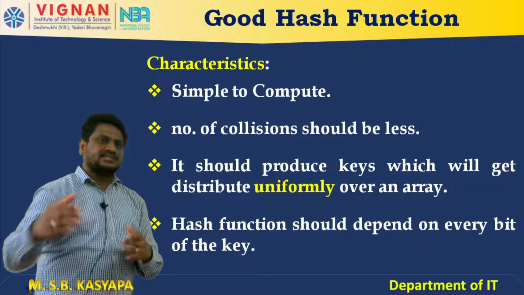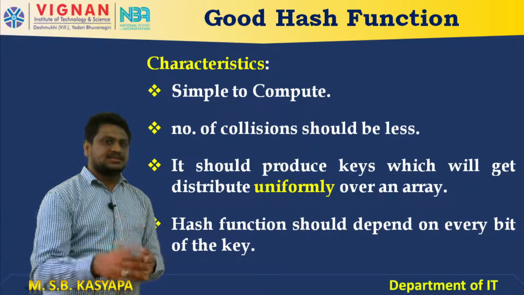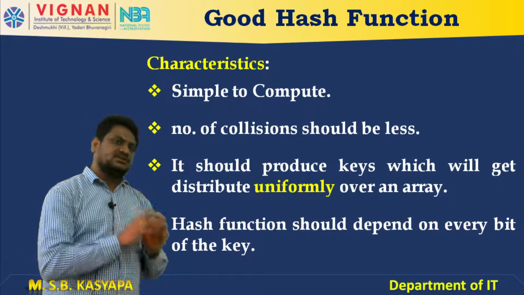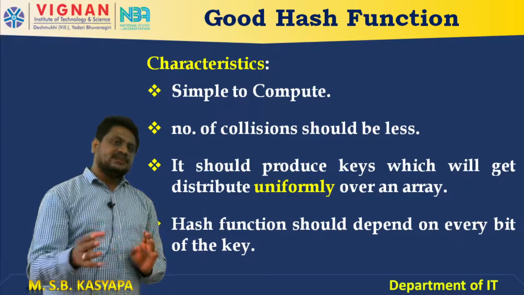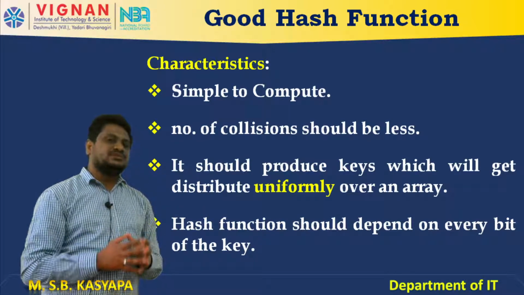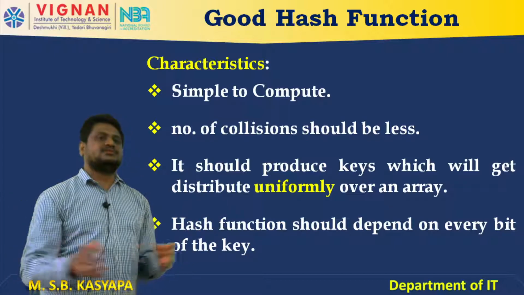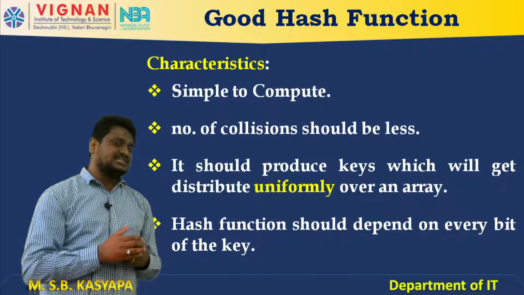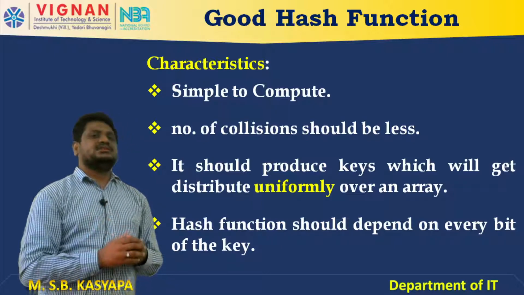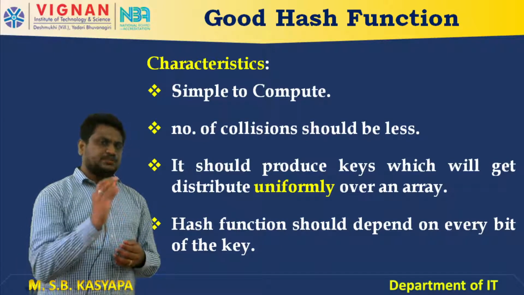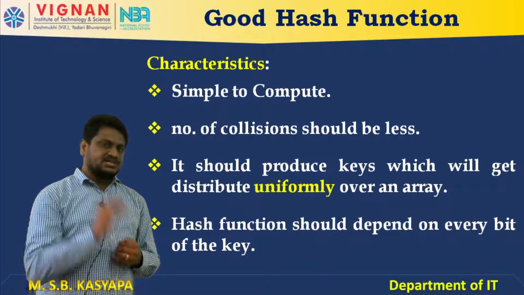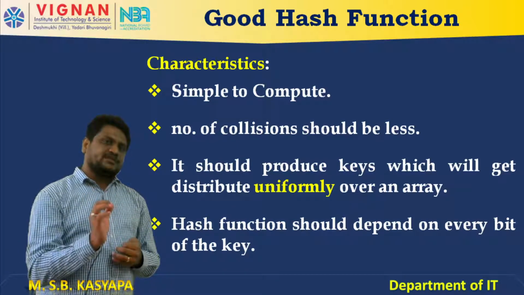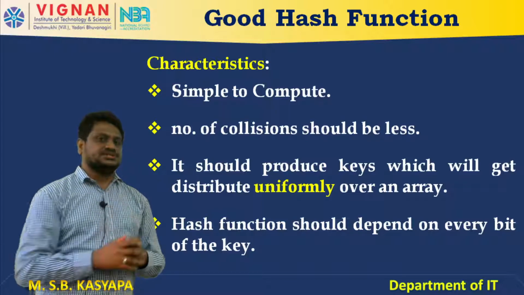Whatever ends in 5, all the remainders are 5 only. If I want to insert all these numbers, then what will happen? The collisions will be more. Am I right? So, if I want to consider it a good hash function, the number of collisions should be less. The most preferable thing is no collisions.